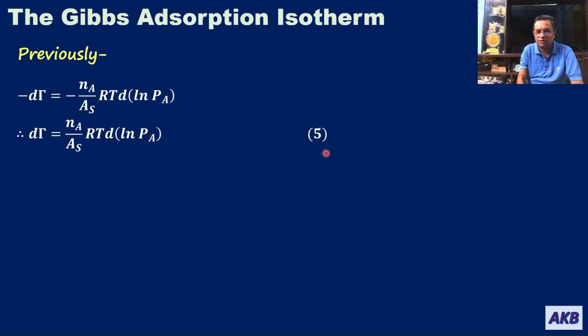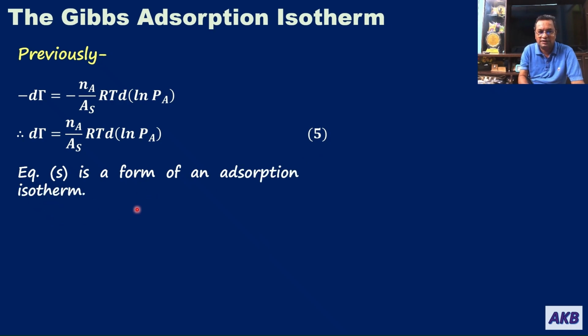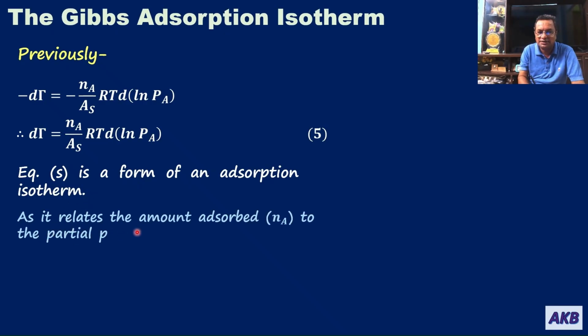Let us call it equation number 5. Now what is equation number 5? It is a form of an adsorption isotherm. Why is it an adsorption isotherm? Because if you look at this equation, it relates the amount adsorbed, that is Na, to the partial pressure of A in the gas phase.